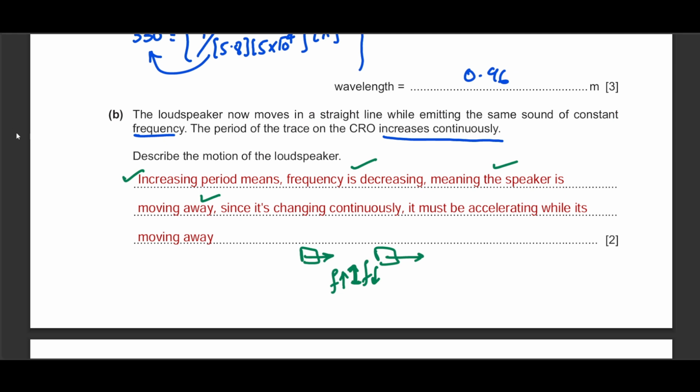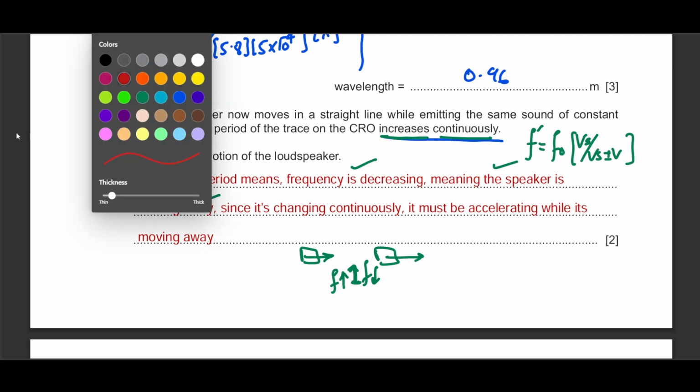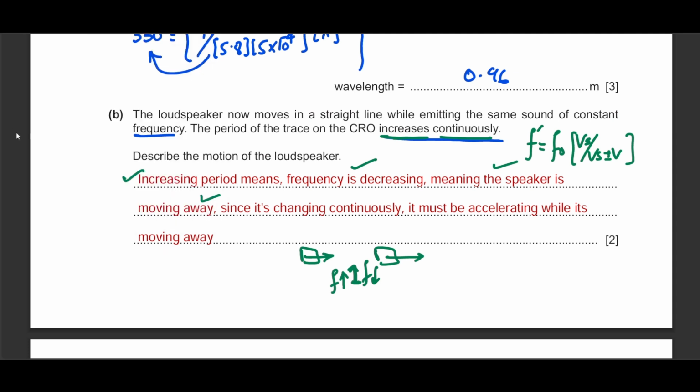Now he says it increases continuously. It's not that it's a higher value but constant; it's increasing. Now, if you use the formula for the Doppler effect, which is F heard equals F naught into speed of sound divided by speed of sound plus or minus speed of the object, you see it produces a constant answer. But what if the object is moving continuously, ever faster or ever slower?